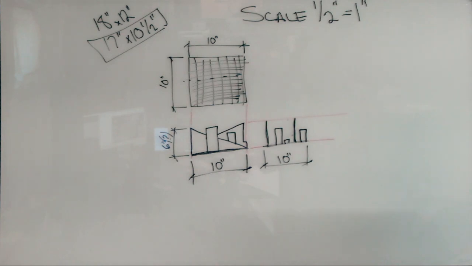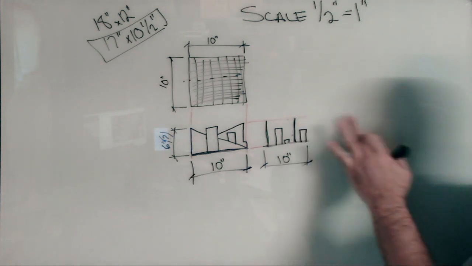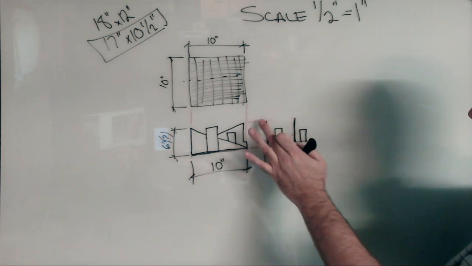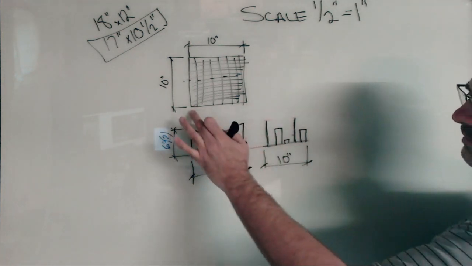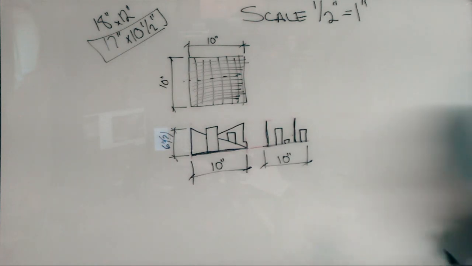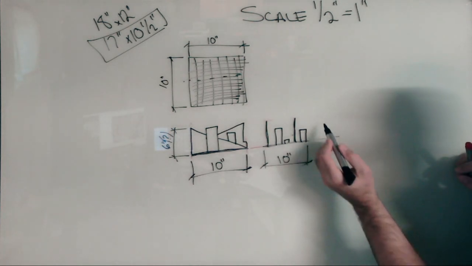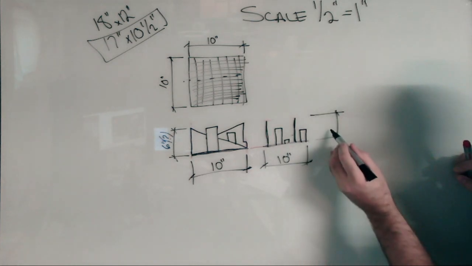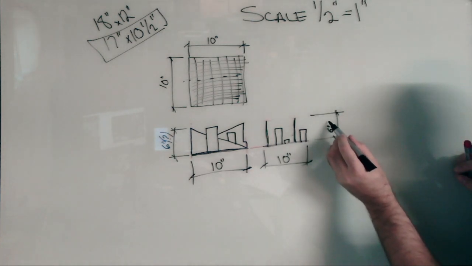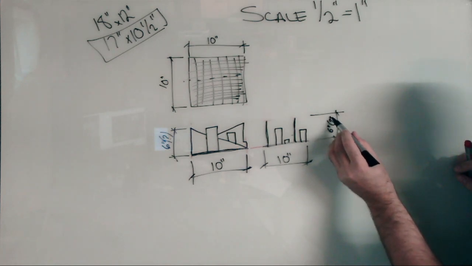I'm not really going to worry myself too much, but maybe that's what mine looks like from the side. Now, obviously, projection lines eventually go away, so I'm just going to lighten mine up. And the piece of information that's missing over here, obviously, is going to be the height. And again, this is just going to be the same height as this. So mine's going to be 6 inches, and yours is going to be question mark.